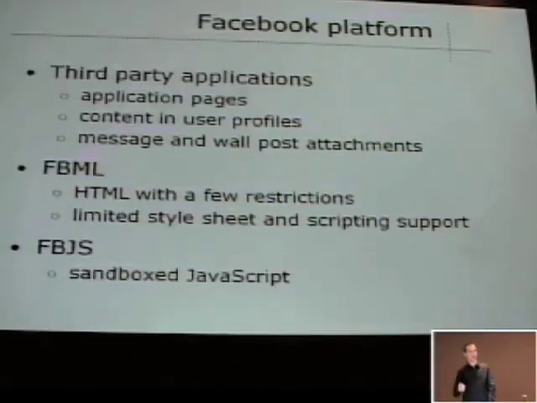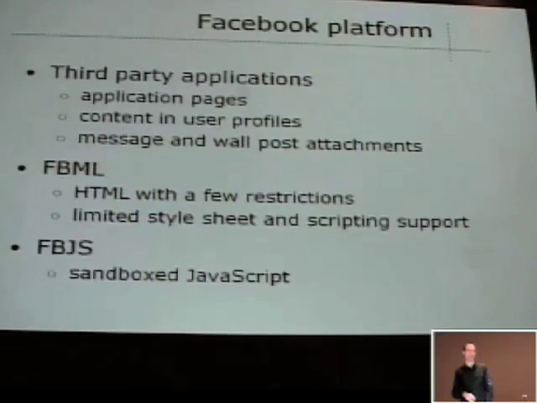In addition to the application pages, which are separate from the main Facebook, not integrated completely, applications can put content in user profiles. If you've ever seen a Facebook profile, you probably saw a bunch of stupid boxes in the profile for the vampires versus zombies game, or a little map that shows the places where that person has traveled around the world with little pins.